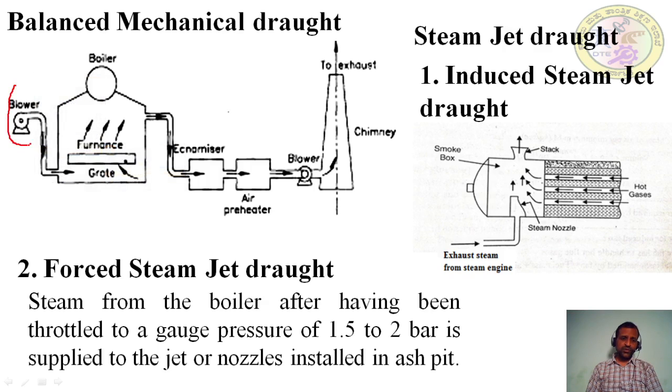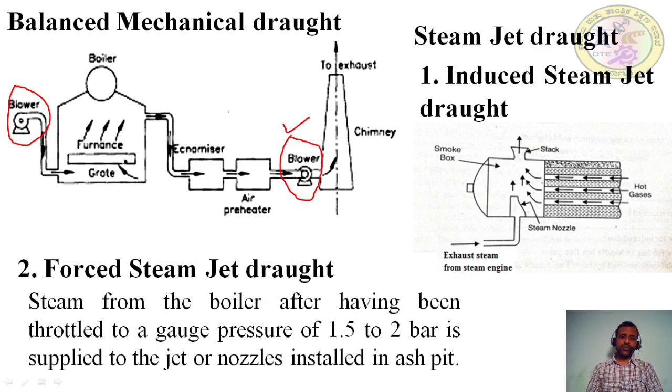So this is the forced draught, and one more blower is provided after the air preheater, before the chimney. This is the part of induced draught. When you are using two blowers, the combination of forced and induced draught, we call this the balanced mechanical draught, right?